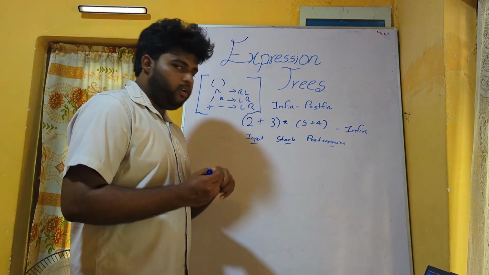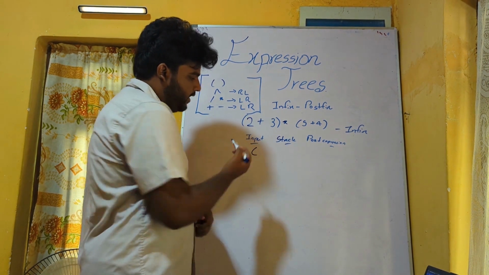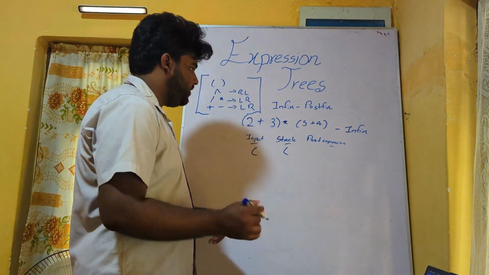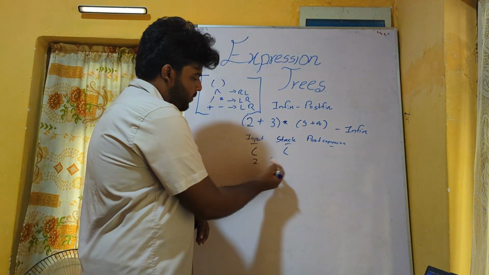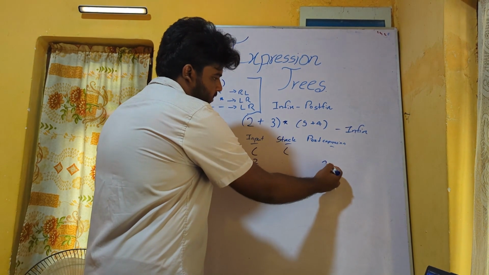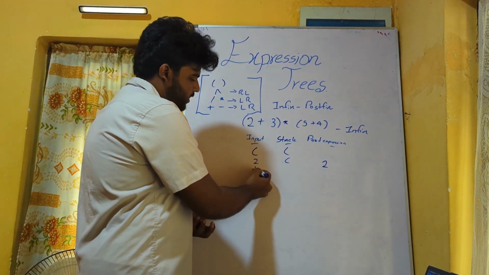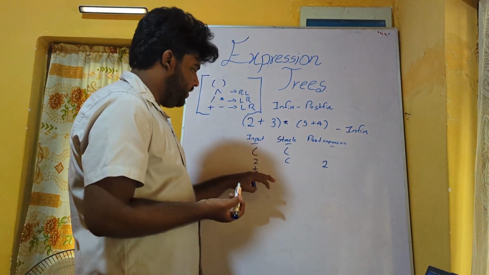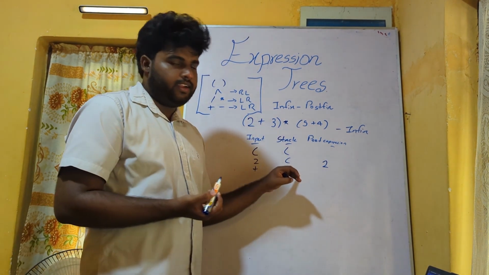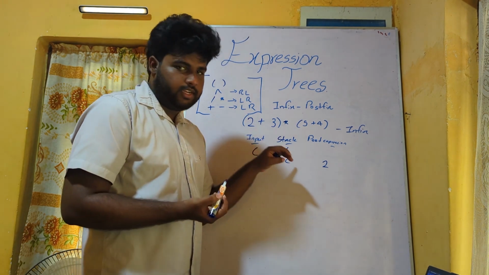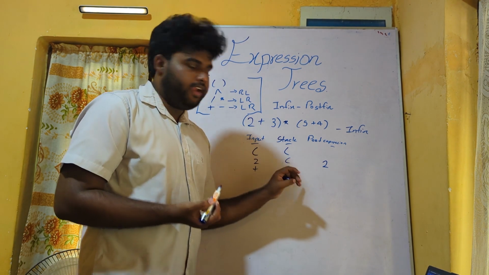If you find an opening parenthesis or opening bracket, you simply add that into the stack. That's it. Then I have an operand and I just include that in the expression. Then I found an operator. So here, even though I have an opening parenthesis, the rule is to check the precedence of the non-parenthesis operator.